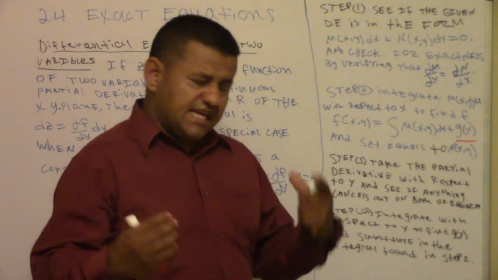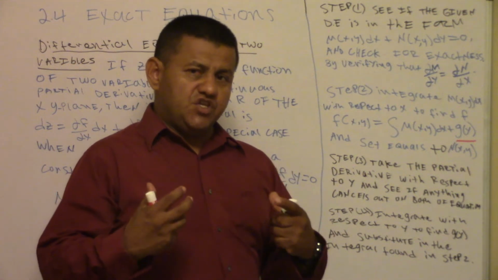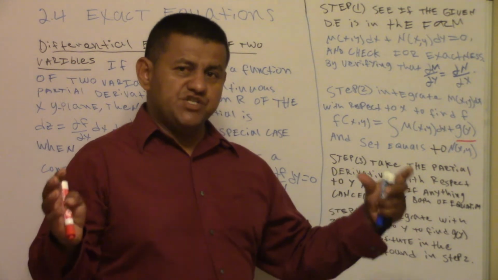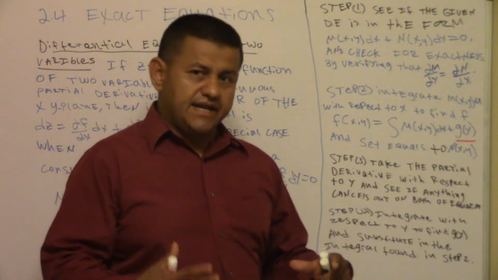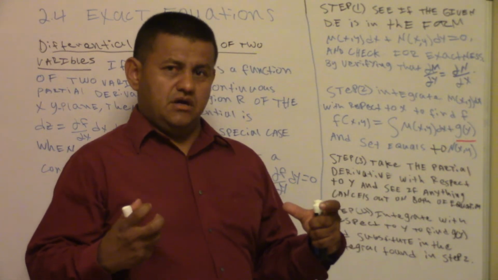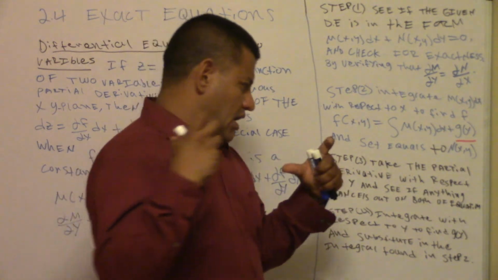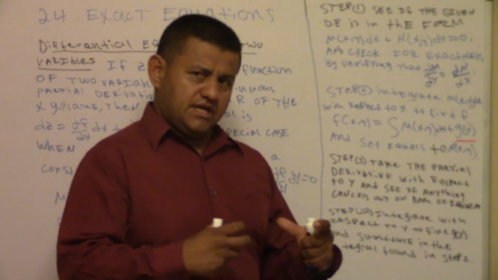Because again, like I said before, sometimes you go to class and some of the teachers start explaining a bunch of theory in mathematics that really doesn't help you too much to solve a differential equation, okay?